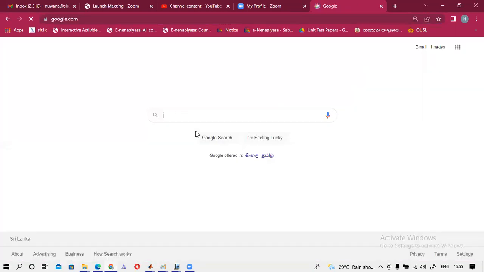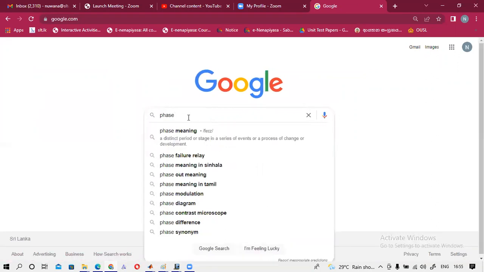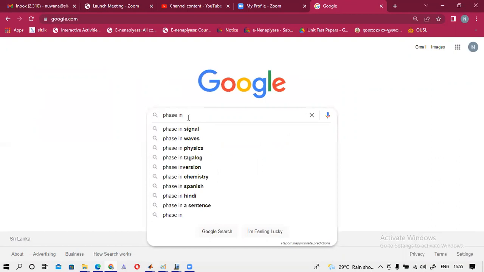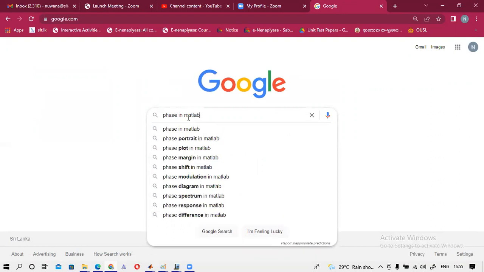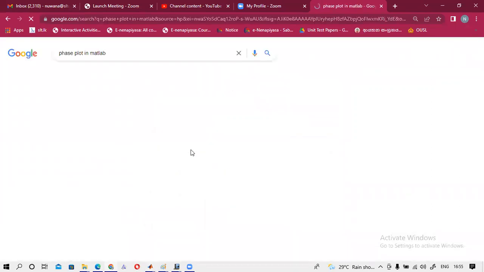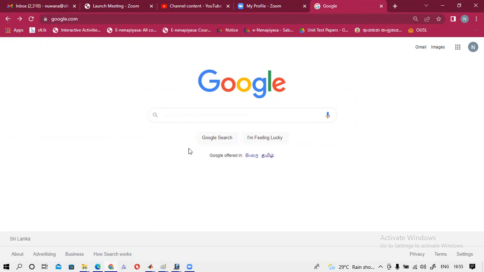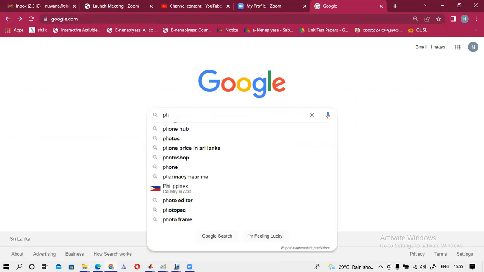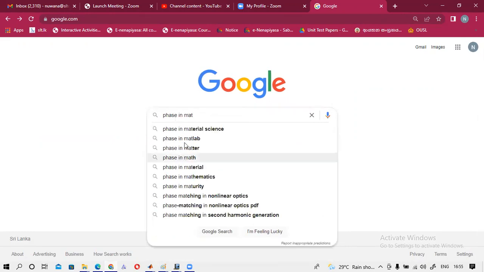If you can't remember, you can search it: phase in MATLAB.